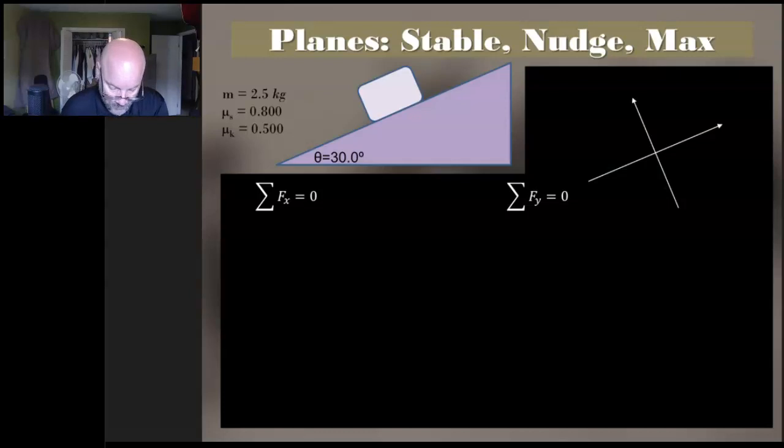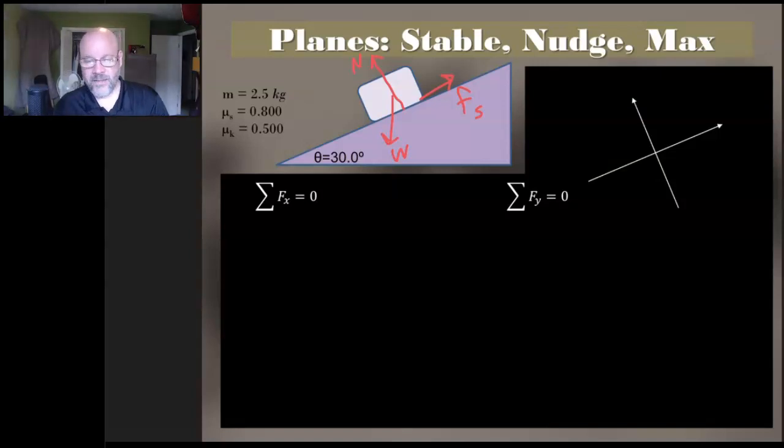Following our formula, step 1, we're going to look for our forces. The normal comes perpendicular to the surface, so it comes out like this. And then the only other force we have acting is our static friction. Now let's transfer those to our free body diagram.